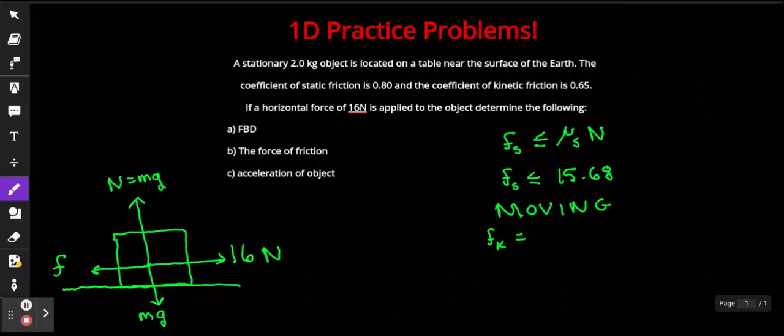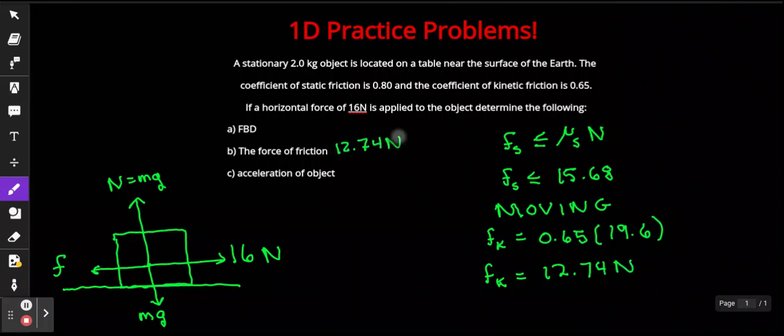And the kinetic friction is 0.65 times our normal force, which is 19.6. And so our kinetic friction is equal to 12.74 newtons.